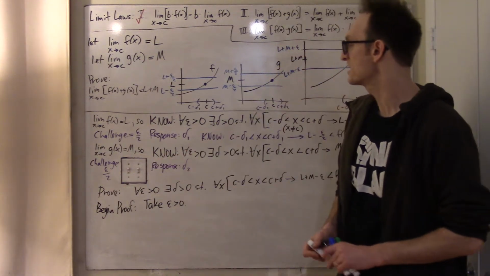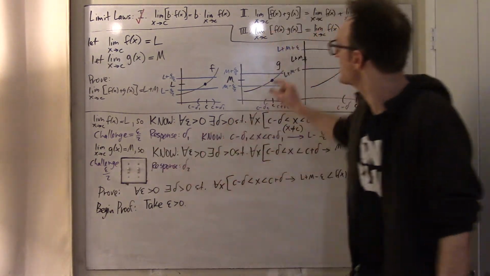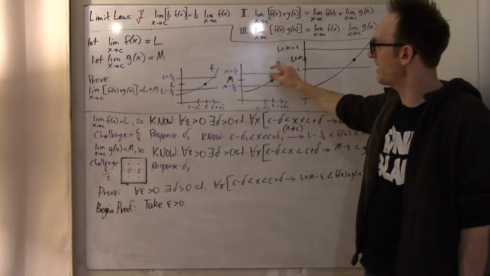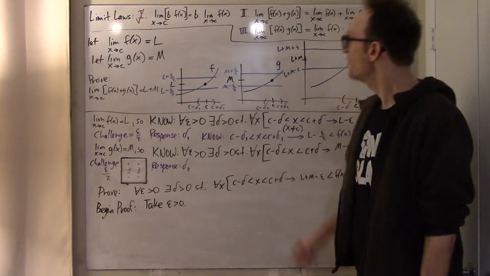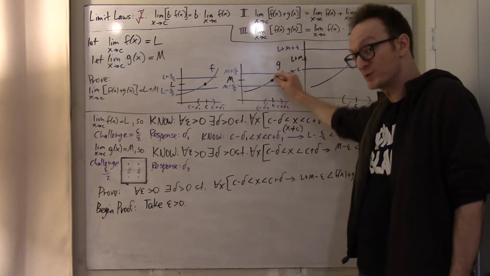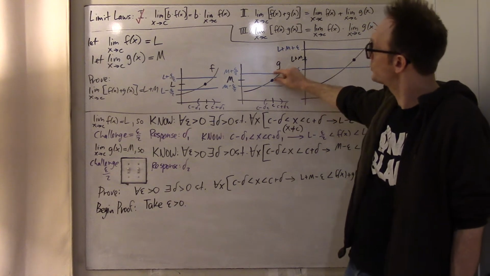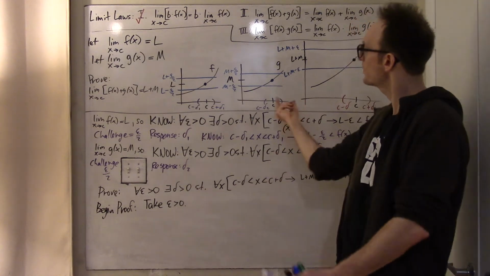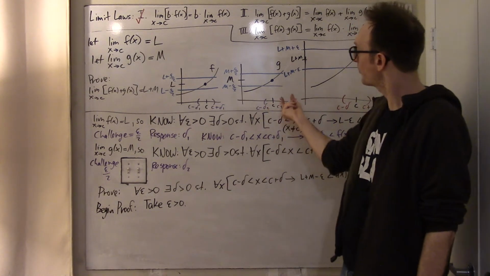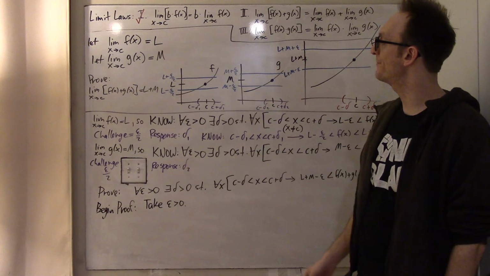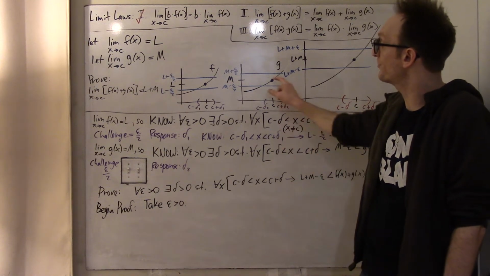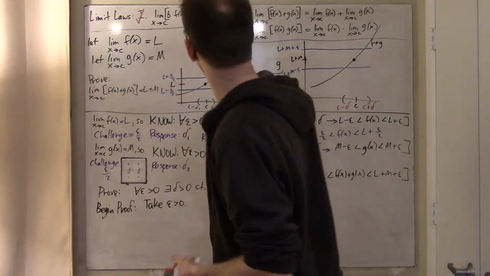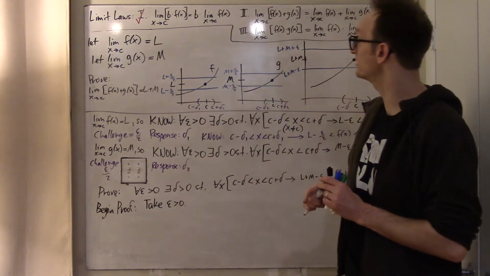In both cases, since this limit really is M, it means that I can force g to be arbitrarily close to M. In this case, I want to force g to be at most epsilon over 2 away from M. And there is always some interval of x values for which I can make g differ from M by at most epsilon over 2. That's just what it means for this limit to be M.